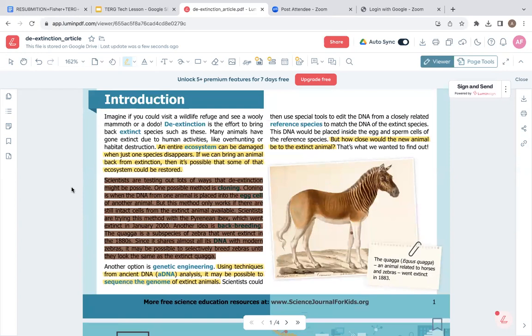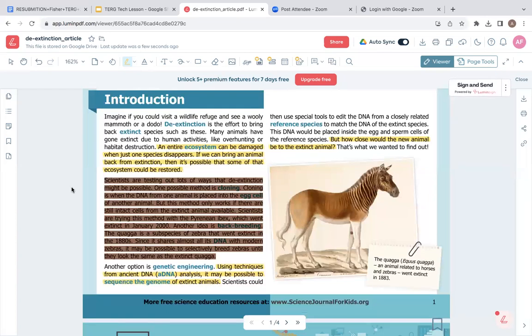Scientists are testing out lots of ways that de-extinction might be possible. One possible method is cloning. Cloning is when the DNA from one animal is placed into the egg cell of another animal. But this method only works if there are still intact cells from the extinct animal available.